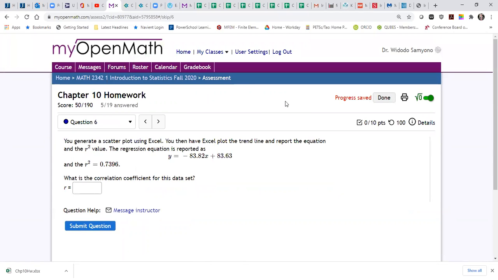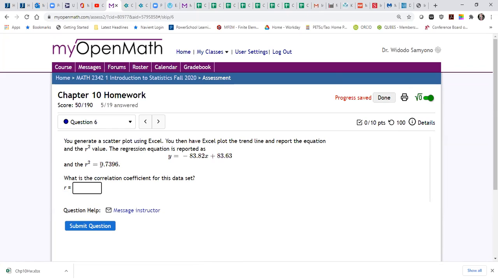Okay, so the next one. Yeah, for this one you simply take the square root of this. But you have to be careful here. Whether the correlation is negative or positive depends on the slope. If the slope is negative, the correlation is negative, so the answer here will be negative, the negative of the square root of this.